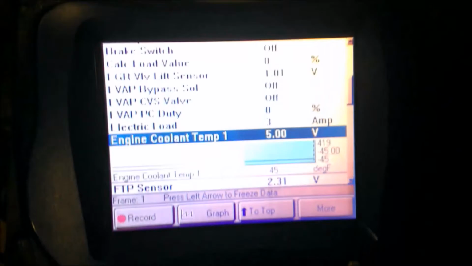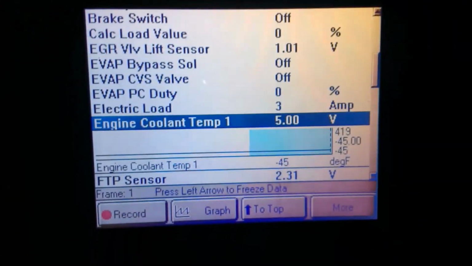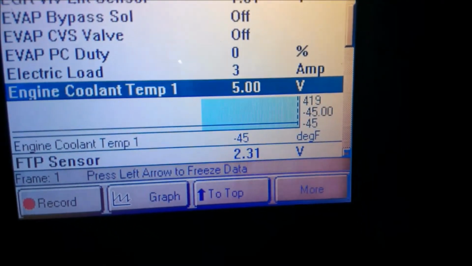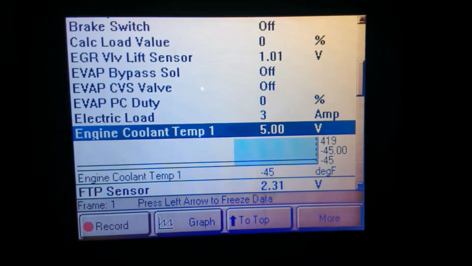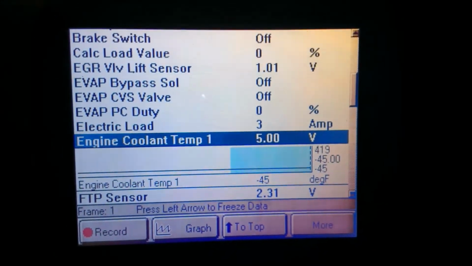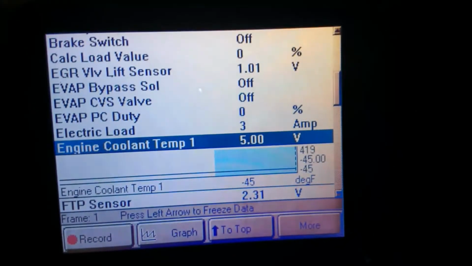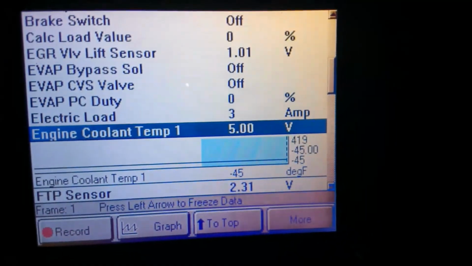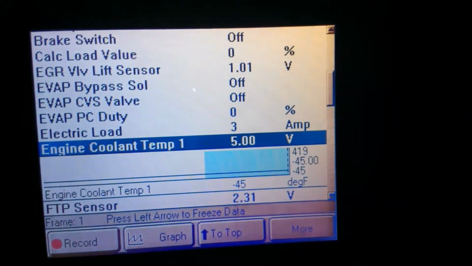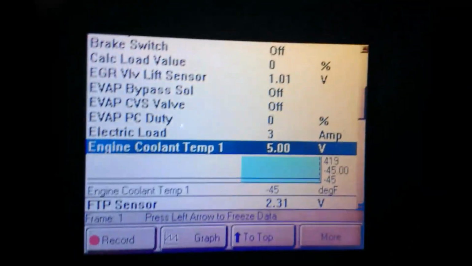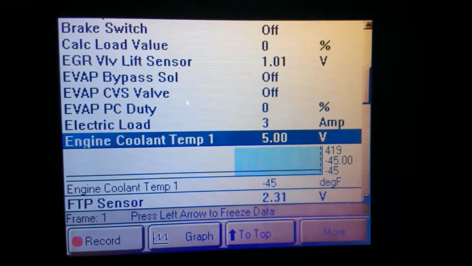So if you remember, before it was reading like 0.02 volts and somewhere around 405 degrees. So we checked to see if it was an internal short, so we unplugged it, and when we did, it went back up to the 5-volt reference and then negative 45 degrees, which means that now it's open, but it confirmed that we had an internal short in the sensor itself.